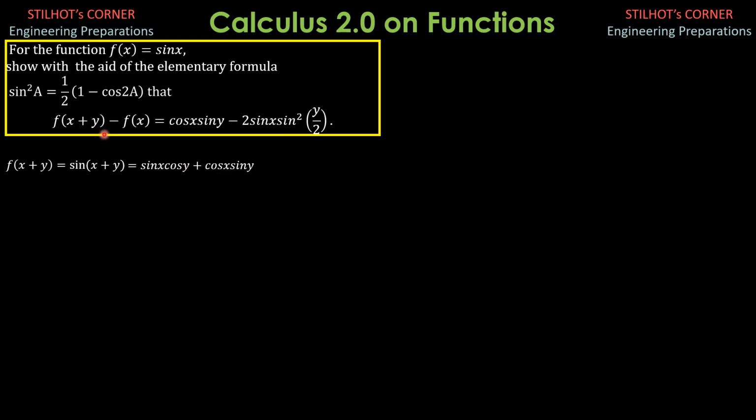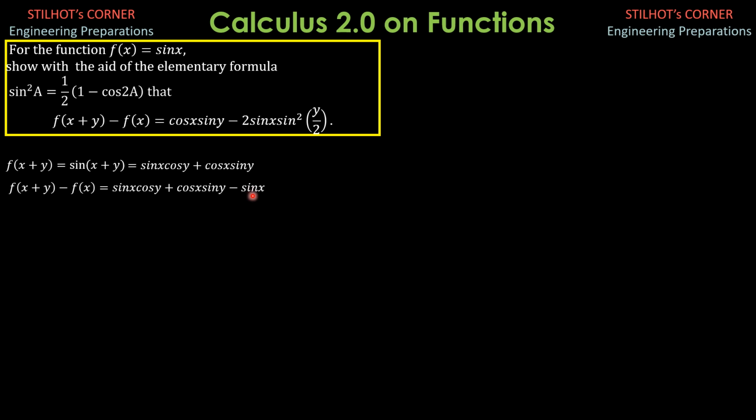Then f of x plus y minus f of x is, we copy this, then minus sine x. So f of quantity x plus y minus f of x is sine x cosine y plus cosine x sine y minus sine x.